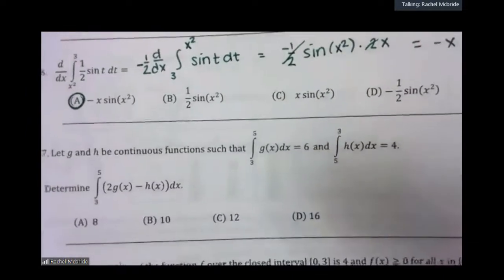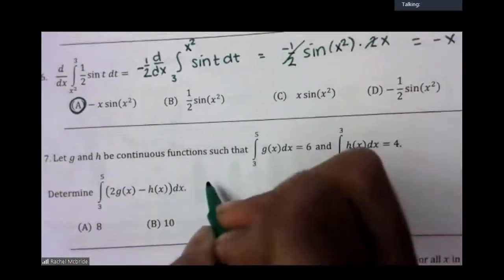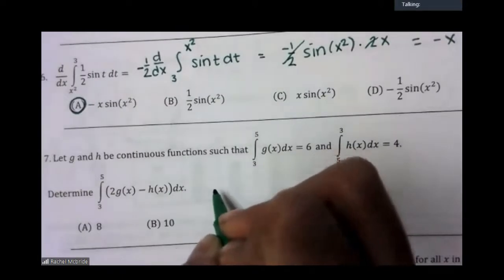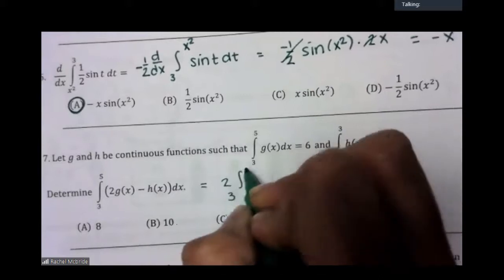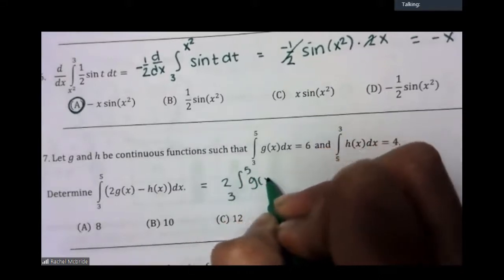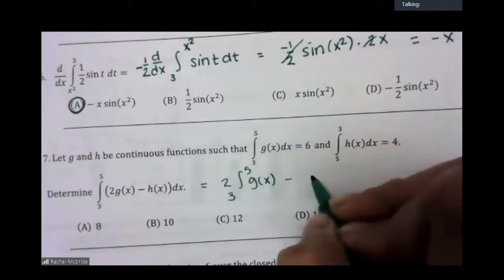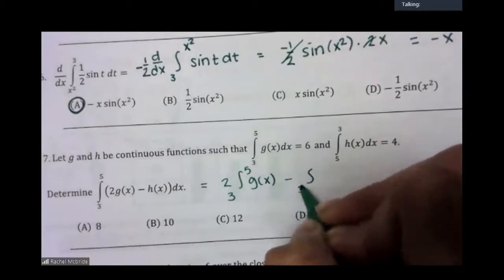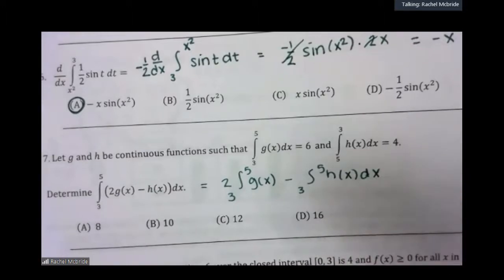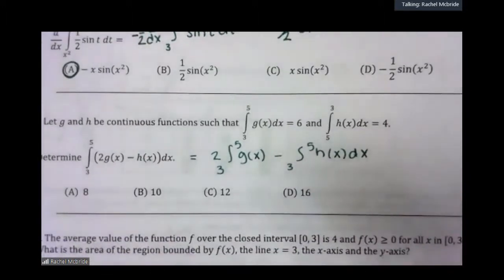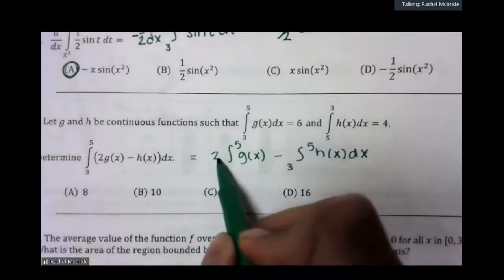Okay, number 7. You could think of this as using the properties of limits and properties of integrals, which says you can break all of them up. So the 2 comes out in front.